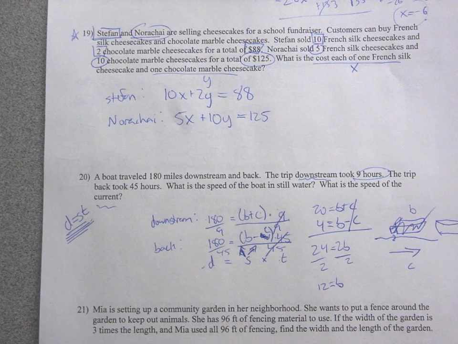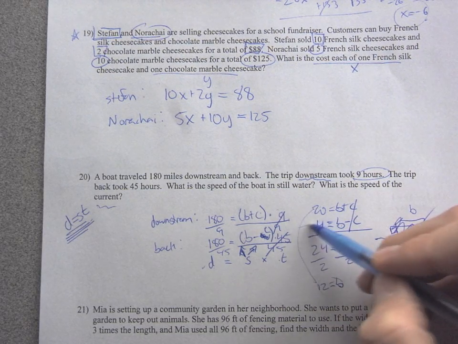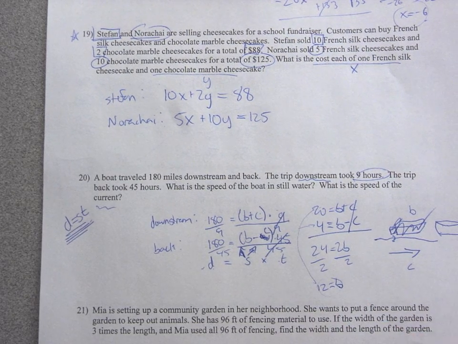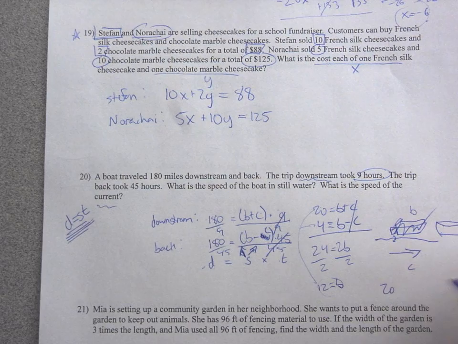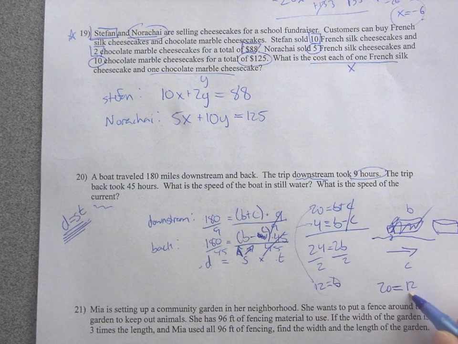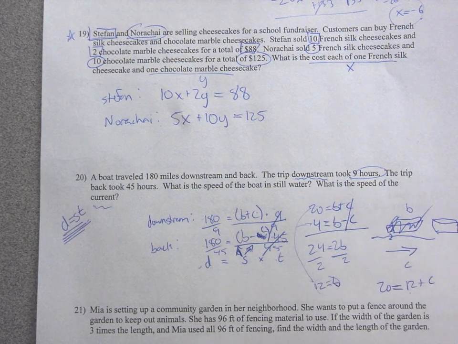Okay? Now we also want to find the current speed, so I can take this and plug it into either of these two. I could also plug it into these two, but these have less going on. So let's pick one of these. So 20 miles an hour is the speed when you have the boat speed, 12 miles an hour, added to the current speed, the speed of the water.